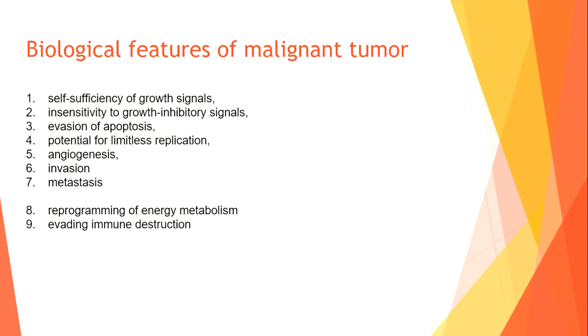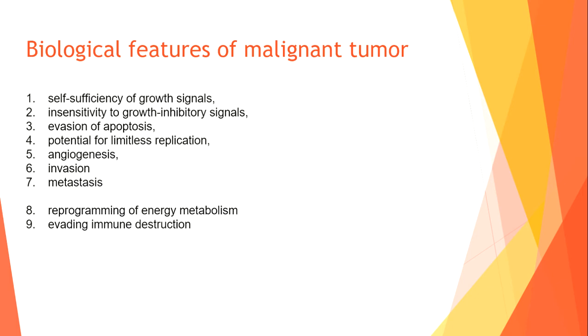Metastasis comes from invasion, because when a malignant tumor grows into the surrounding tissues, sometimes it grows into the lumen of the vessels, and some part of this malignant tumor is self-sustained in the lumen of the blood vessels, and with the flow of blood in this vessel, it goes further to another part of the patient's body.